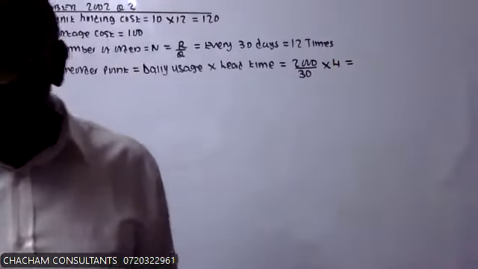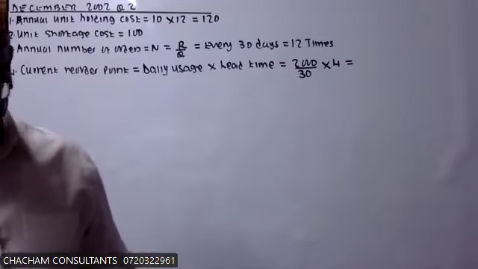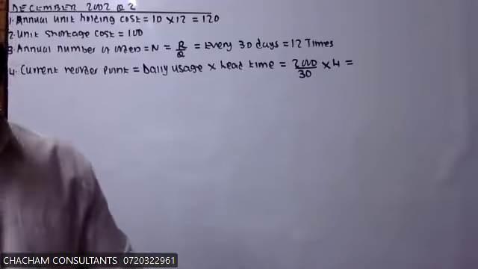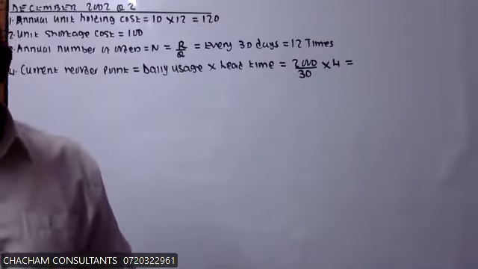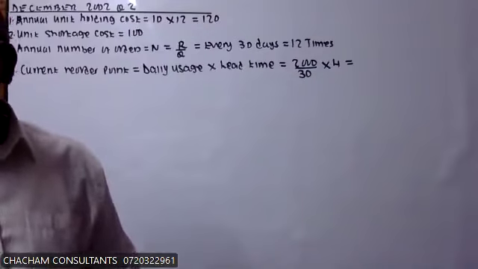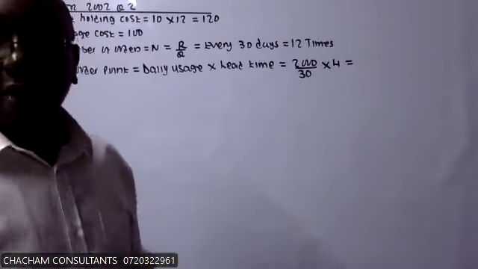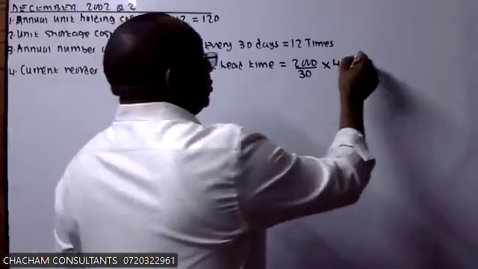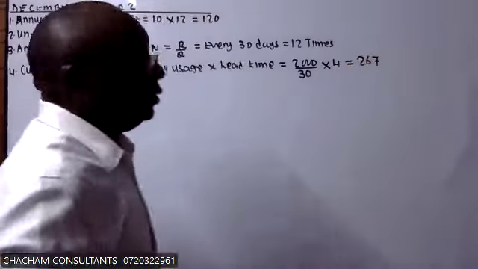So work out that and give me the answer. So we can round appropriately. So that would be 267 units.